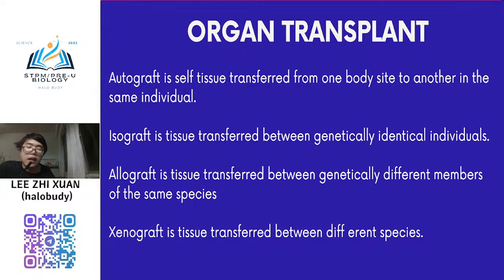So, organ transplant. We know that there are 4 types of organ transplant. Autograft is the transfer of self tissue from one body site to another in the same individual. For example, when your hand is burnt, the specialized skin doctor will take skin from your leg and replace the skin on your hand.